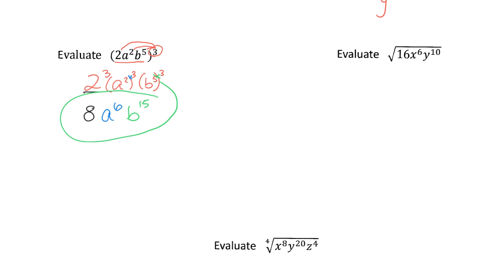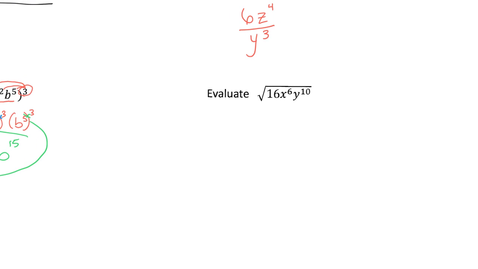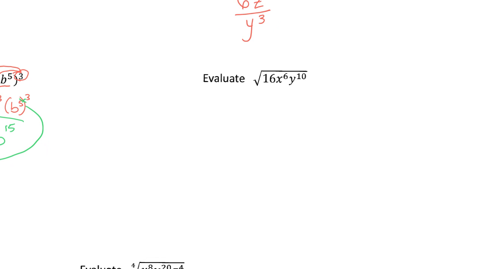All right, let's look at the next one. So we've kind of talked about this. This is a square root. So looking at each part individually, the square root of 16, hopefully you know, is 4. So the square root of 16 is 4. But now we have x to the 6th. Remember, we need to figure out how many pairs that has.